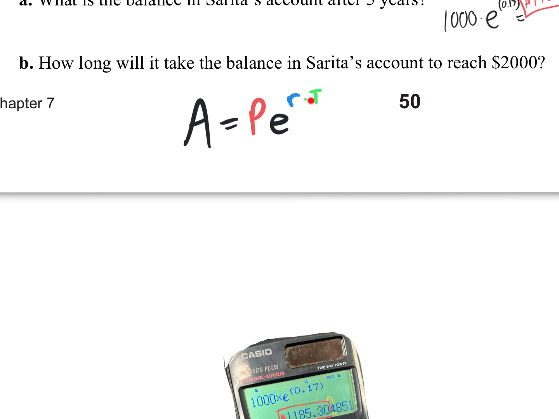We could put it as X, but I'm going to leave it as T. How long will it take for the amount to become 2,000? So you're going to put 2,000 on the A spot equals, she started with $1,000, so that's your principal balance, times E, which is the E button, to the power of rate times time.